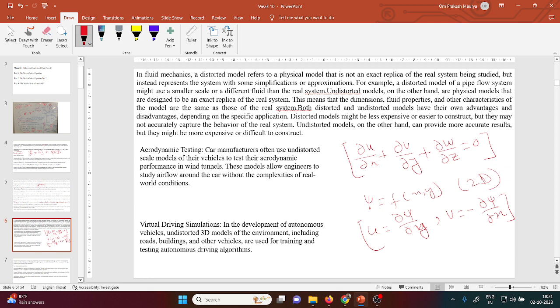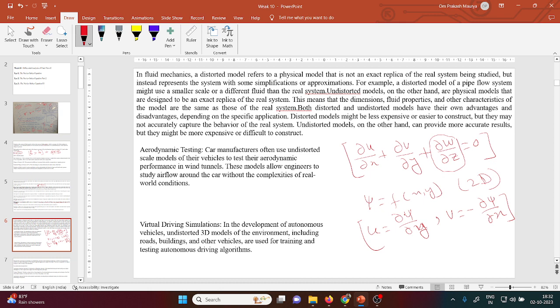If we try to define w, mathematically it is very complicated. We cannot define the w component in terms of psi, because whatever you define should follow the continuity equation.